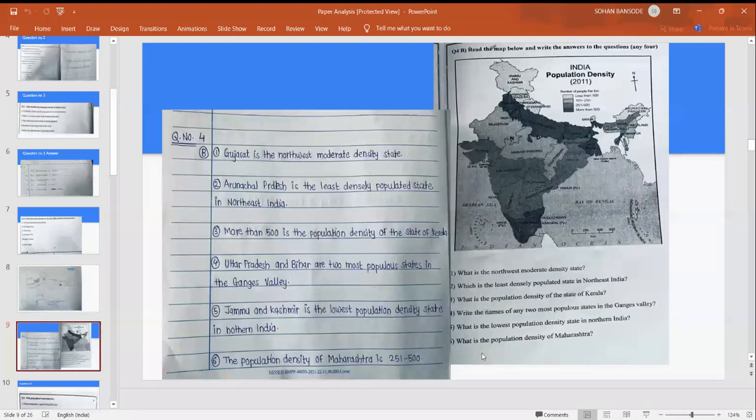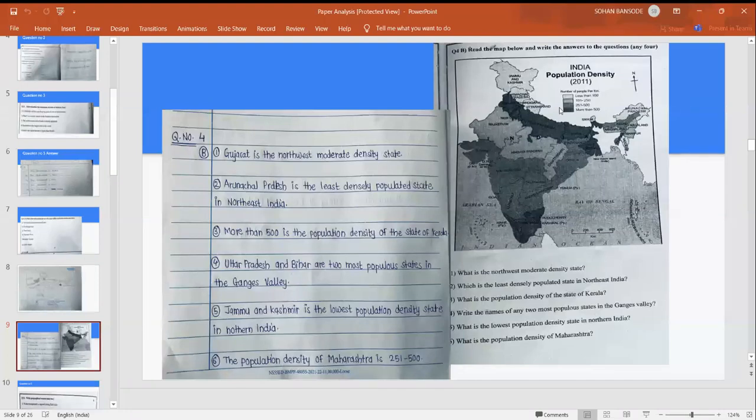Sixth one is: what is the population density of Maharashtra? You just have to observe which color in the index matches the state Maharashtra. First, you have to locate Maharashtra. Here the names of the states are provided, so we find the Maharashtra state here, and then match the color in the index.